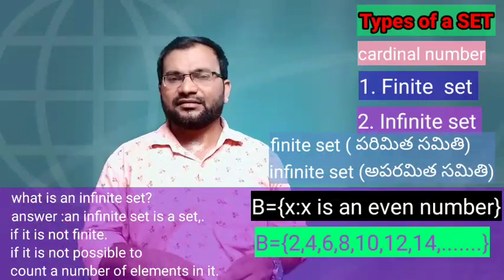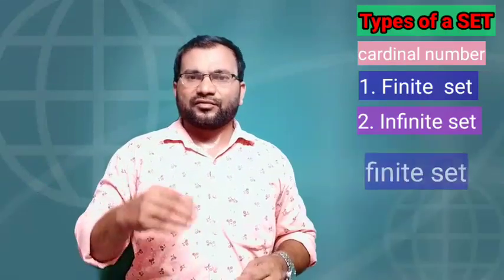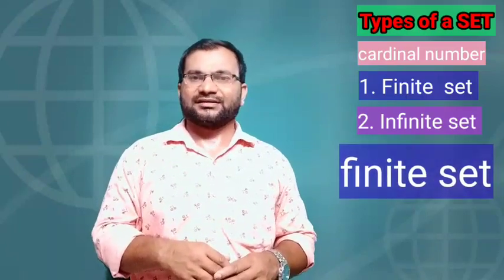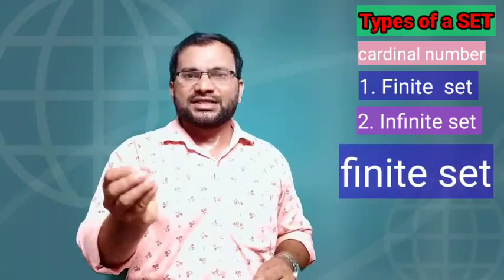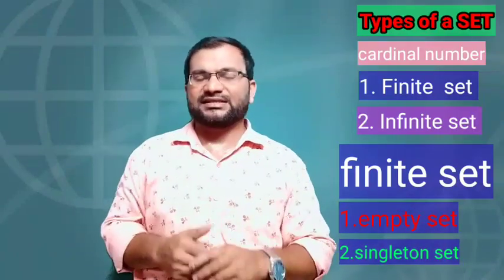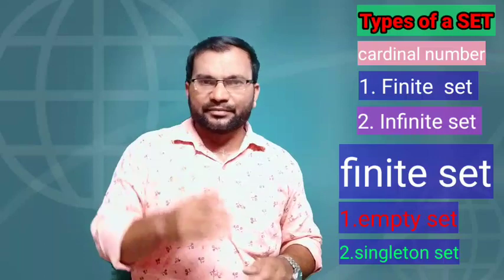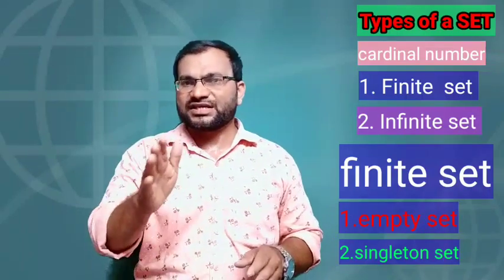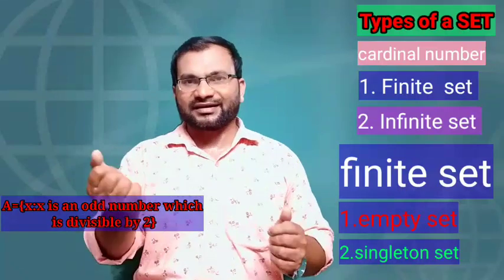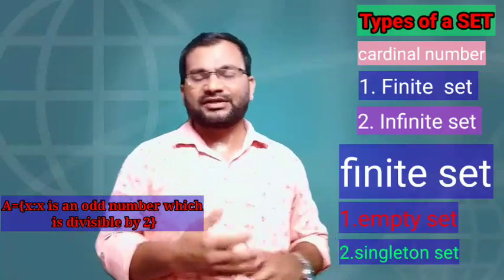In finite set, we can come across two types of sets. So they are special sets. Suppose my set is {x such that x is an odd number which is divisible by 2}. Can we collect those elements?